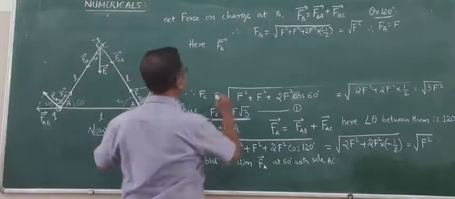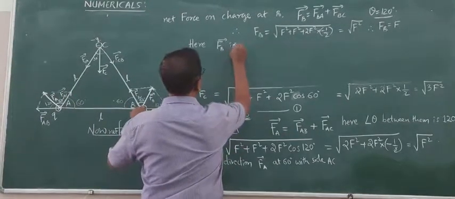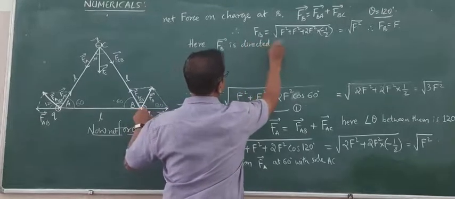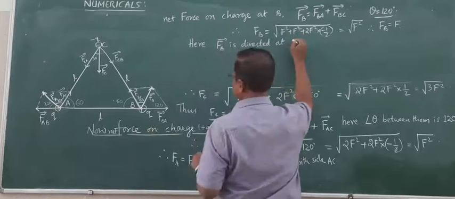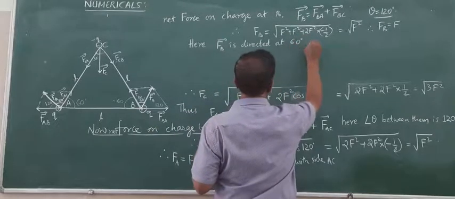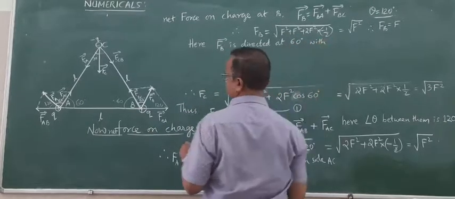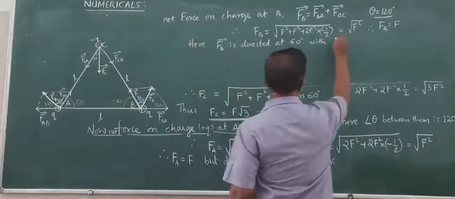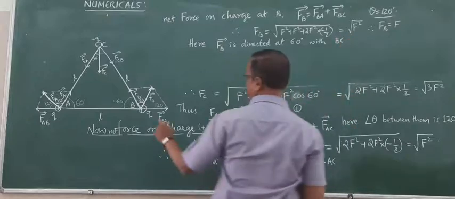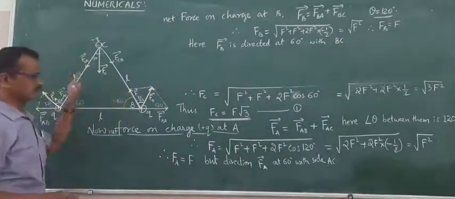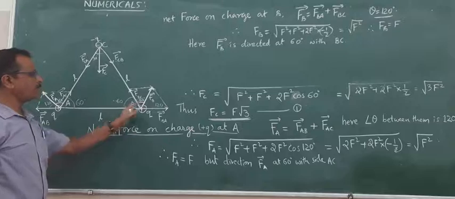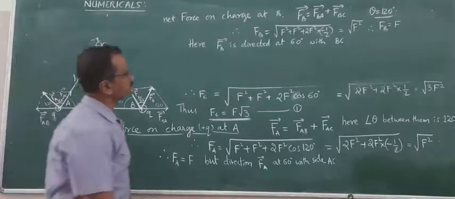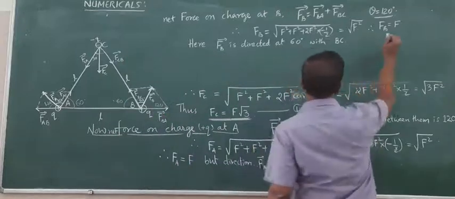So we can write FB is directed at 60 degrees with BC, the side BC, or 120 degrees with side AB. Yes. So now we got all the results.